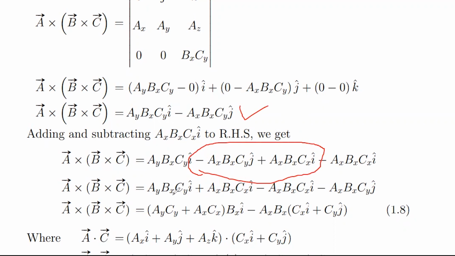Now rearranging, first we write the positive terms and then the negative terms. Now we take common Bx here and Ax and Bx here. We will get this one.